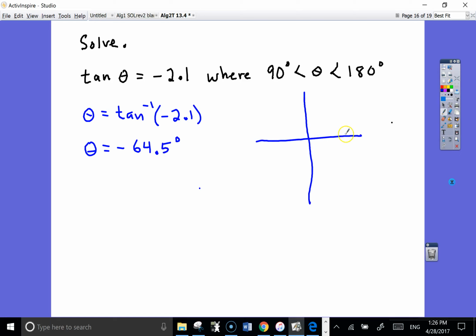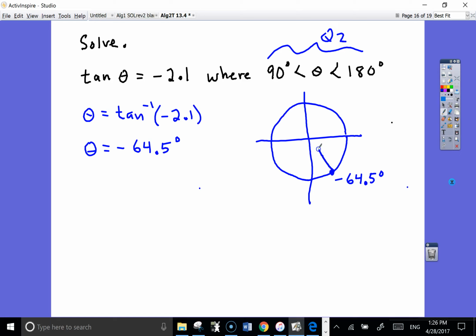So let me visualize that. What quadrant would I be in if I'm at negative 64.5? Fourth, right? So I'm down maybe about right there, I'm going to estimate. Okay, now this is in quadrant 2. So the way you find the place in quadrant 2, which is exactly going to have the same tangent value, is you add 180.